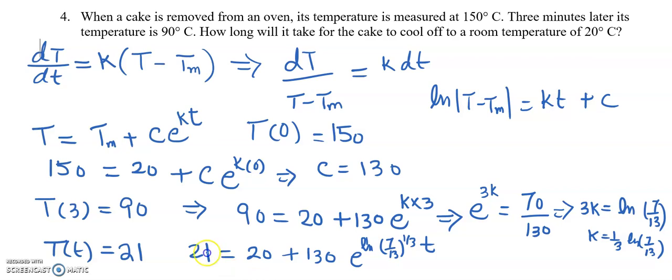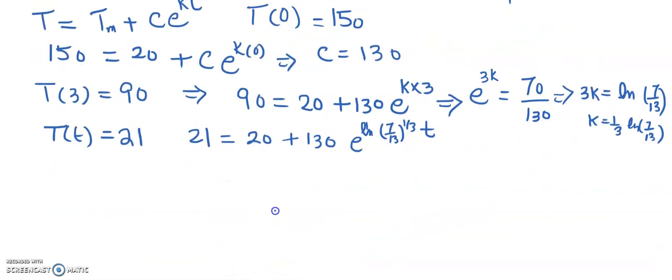So e to the power of 1 by 3 log of 7 by 13 times t will be equal to 21 minus 20, which is 1, over 130.